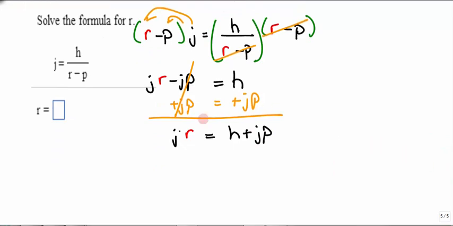Again, we're trying to solve for r, so my final step would be to divide both sides through by j. Whatever you do to one side, you do to the other. And my final solution here would be lowercase r equals h plus jp all over j.